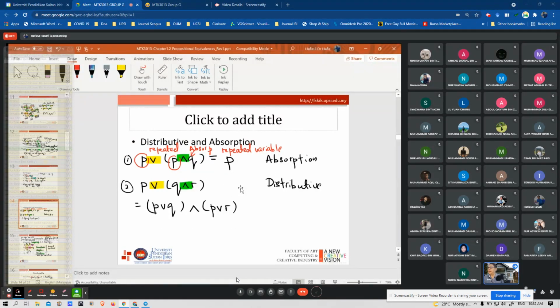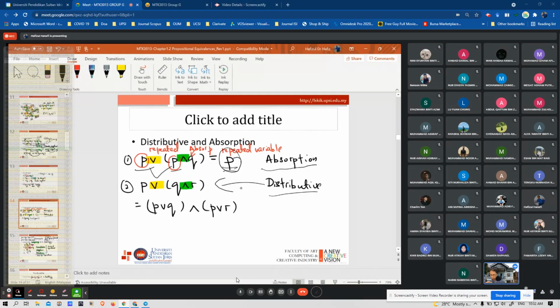And then again, this one is distributive and absorption. Absorption, you need to absorb the repeated values or variables. For this one is absorption because you want to absorb P or (P and Q). The final output will be P, the same. And then this one is distributive.